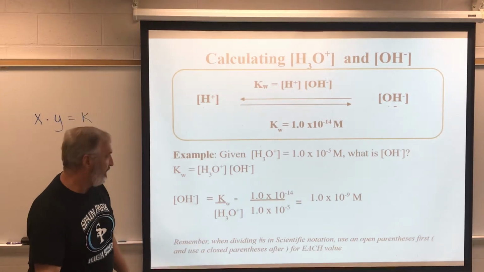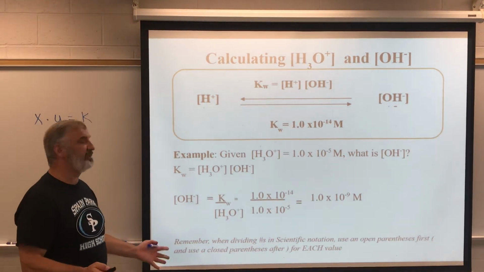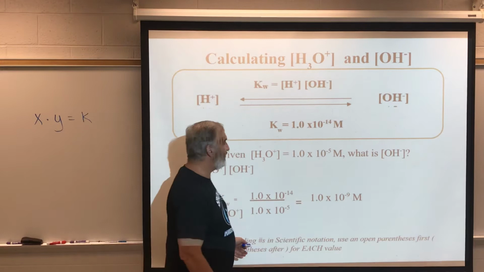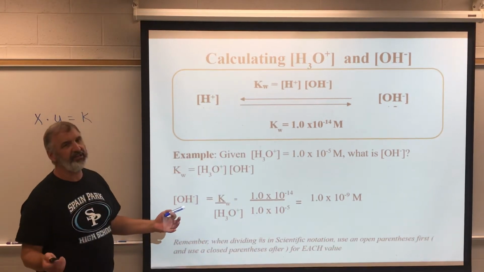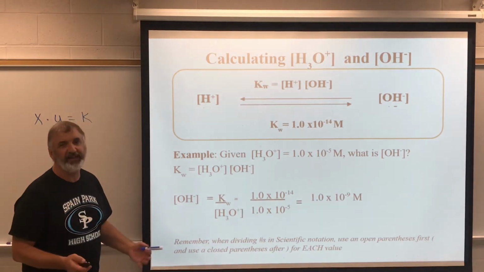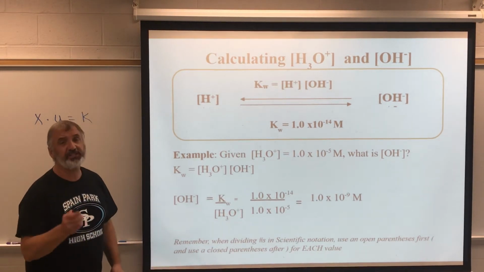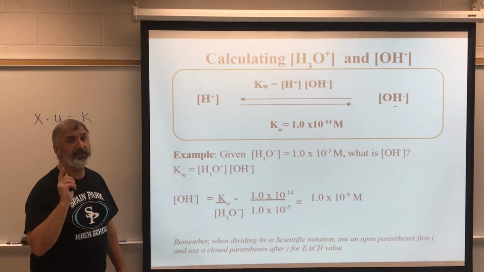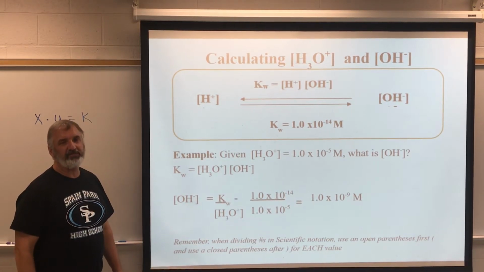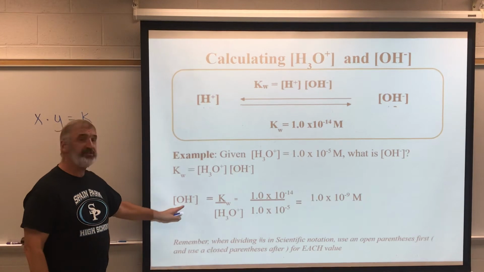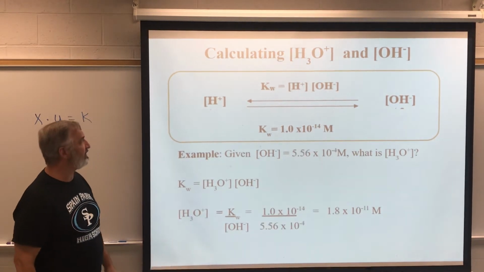Just use your parentheses when you're doing this. Depending on what calculator you have, you may or may not have to use parentheses. Every calculator is different, so you're just going to have to learn your calculator. That's going to be on you. You guys are old enough and smart enough to figure out how to use a calculator to do scientific notation.